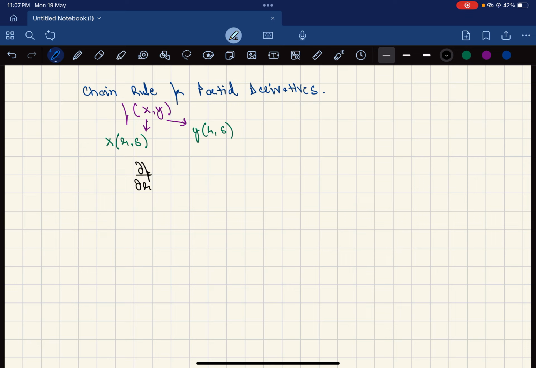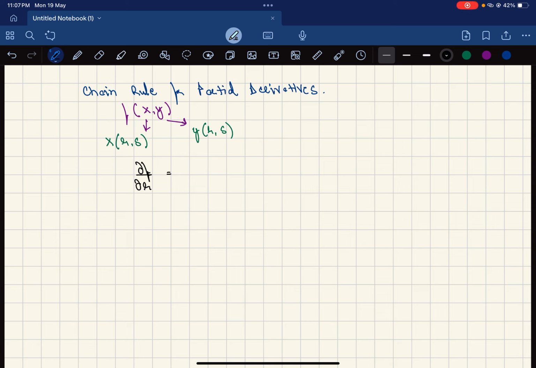Instead of x and y, we are told to find the partial derivative of f with respect to r. Now since both x and y are functions of r and s, the answer would not be 0. Even though r is not directly coming in f(x, y), both x and y could be written in the form of r and s. Therefore, ∂f/∂r would not be 0.